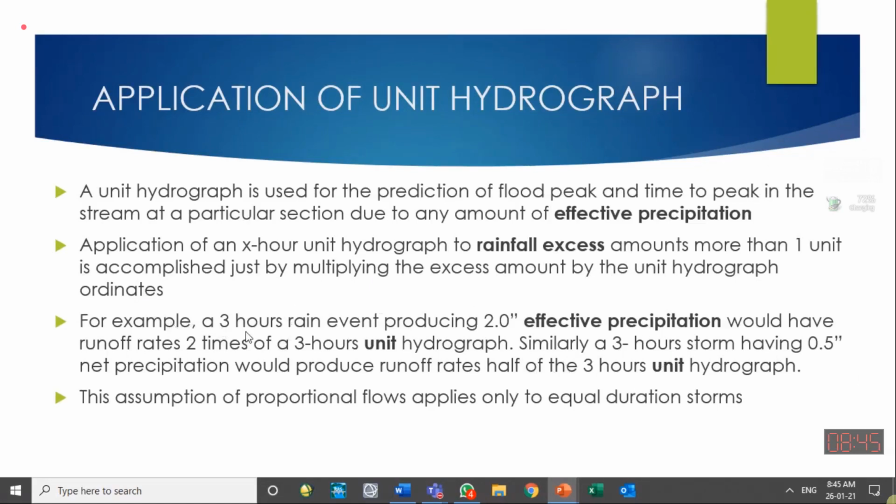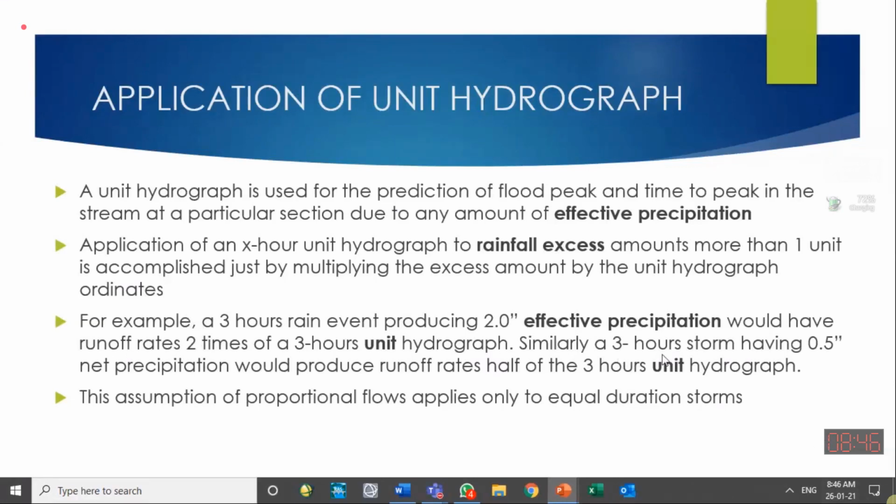For example, if we have a 3-hour rain event producing 2-inch effective precipitation, which is other than 1 inch, we will have runoff rates 2 times the 3-hour unit hydrograph. So if we have effective rainfall of 2 inches, the unit hydrograph ordinates multiplied by 2 give us the direct runoff hydrograph.